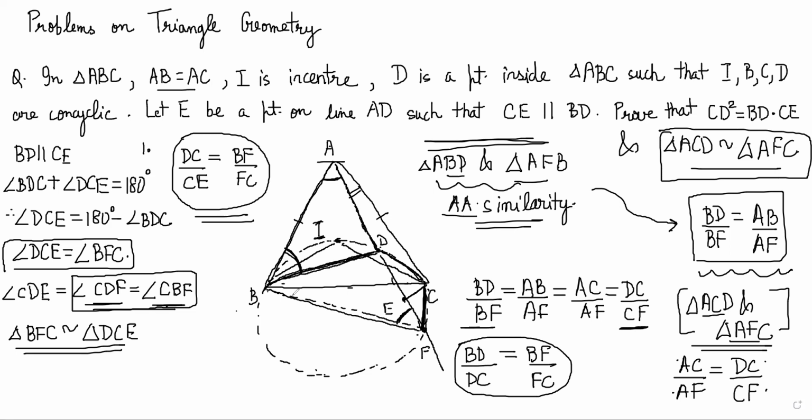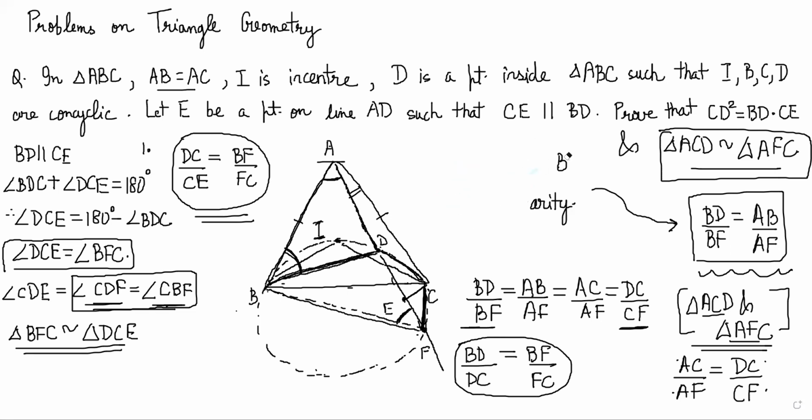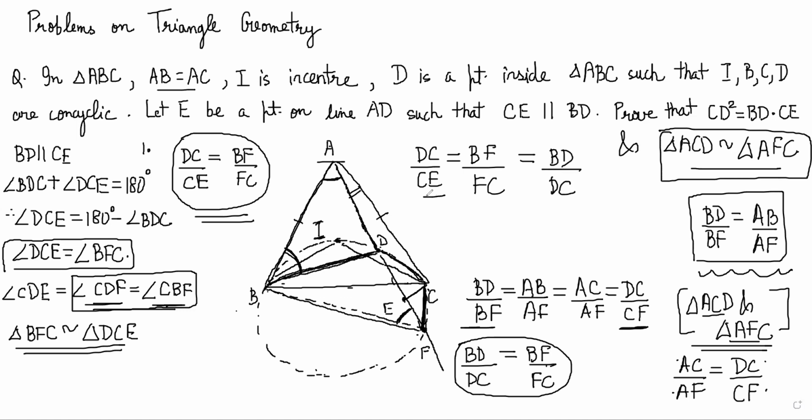And now it is done because you already have proved this relation earlier. So we have DC by CE is equal to BF by FC. And now BF by FC is equal to BD by DC. And therefore, taking the first and the third, we get DC square is equal to BD into CE.